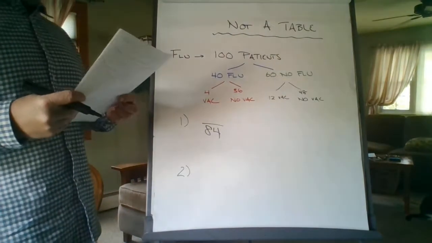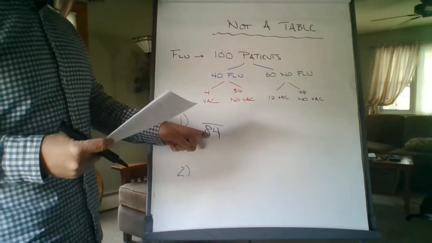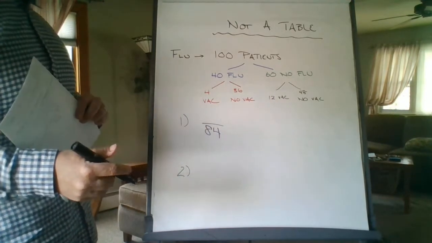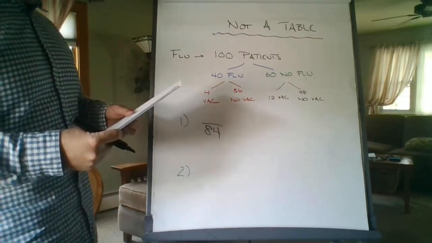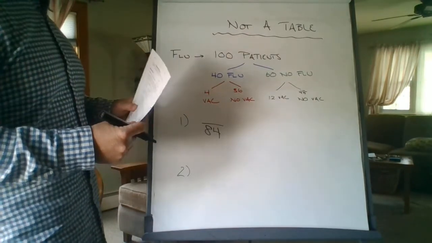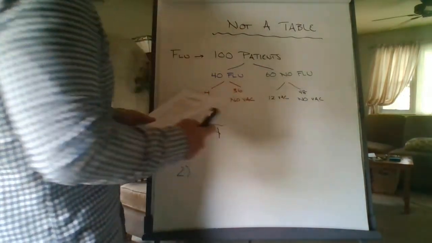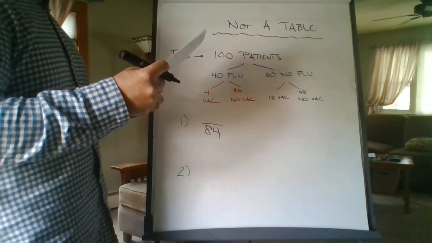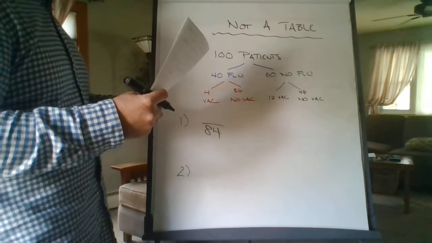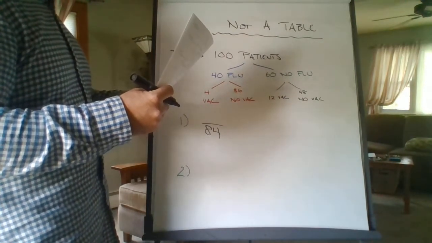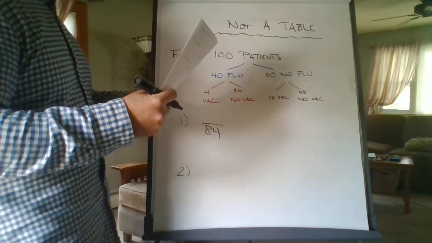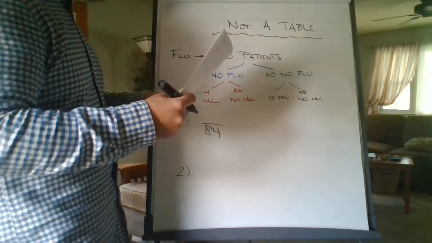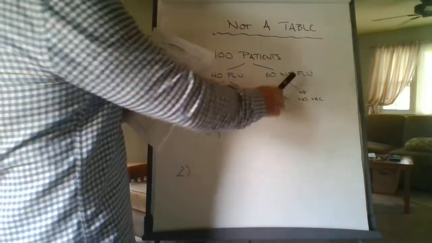All right, 36 plus 48 is 84. It says got the flu. Well, how many of those people that did not receive the vaccine got the actual flu?